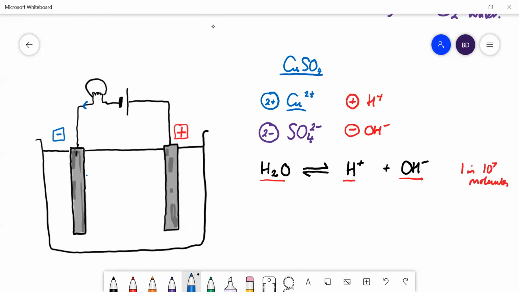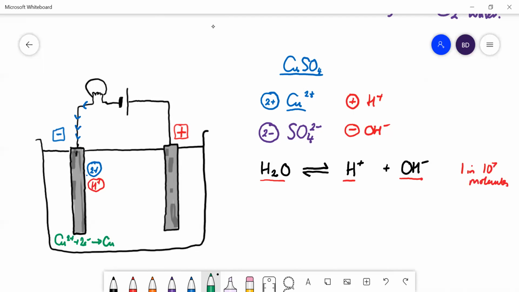This is pumping out electrons here, and so you're going to get copper 2+ and hydrogen going to that electrode, and it's the copper 2+ which takes electrons on because it's the least reactive. So that's fairly straightforward. So at this electrode, I'll just write it in green here, you get Cu2+ plus 2 electrons goes to copper metal.